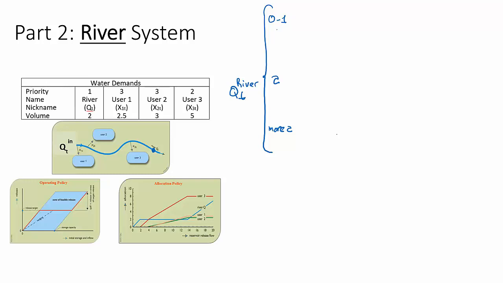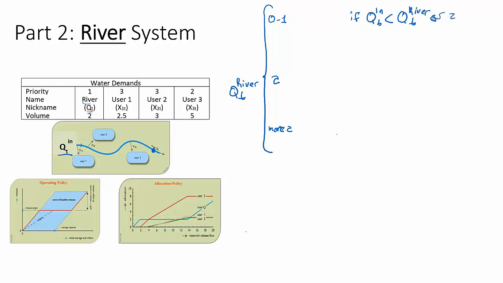So now let's focus in here. When will the river in this part only have 0 or 1 unit? Well, that will happen if the water available, in this case Q in, is less than this amount for the river, which is this Q river, or the water demand, which we know in this case is 2 units of water.